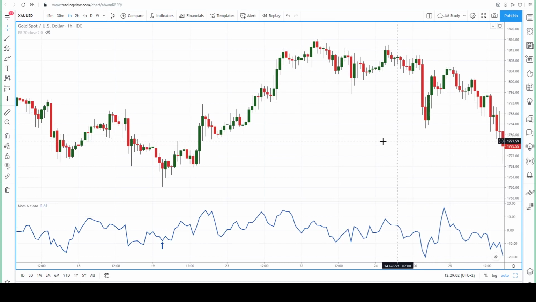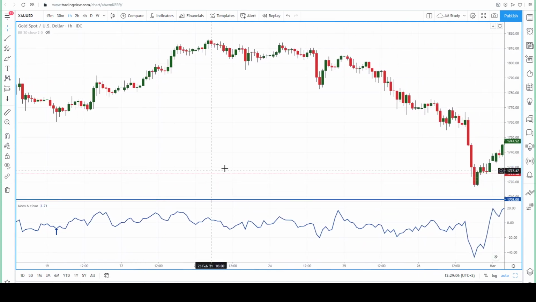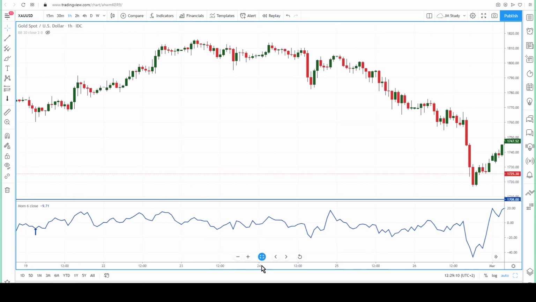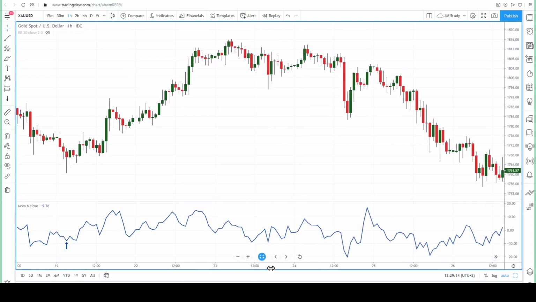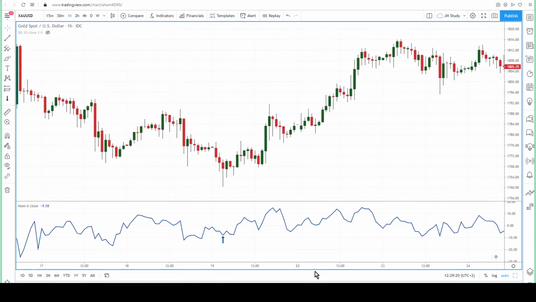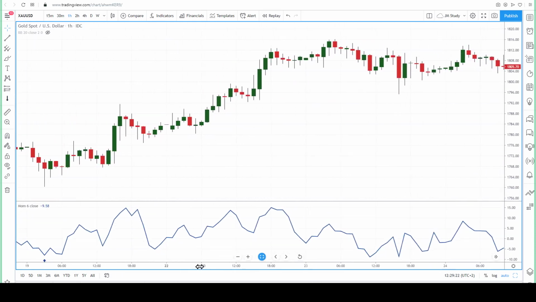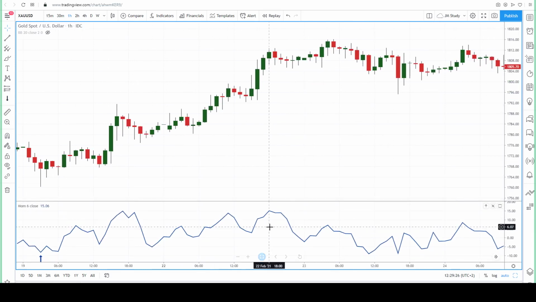For presentation purposes I'm using TradingView, but for trade execution I definitely prefer MT4 and MT5, as trade execution is so easy with them.